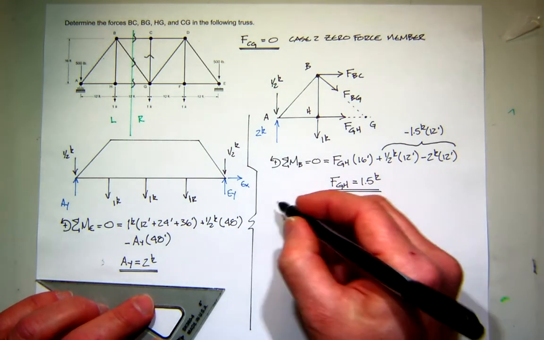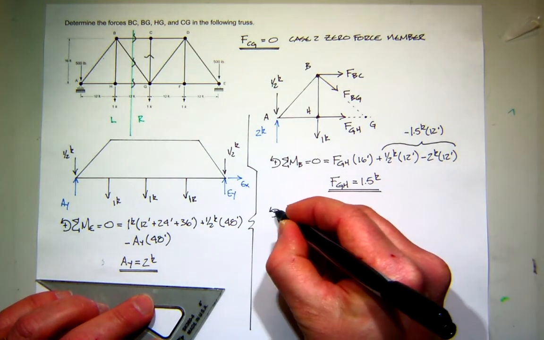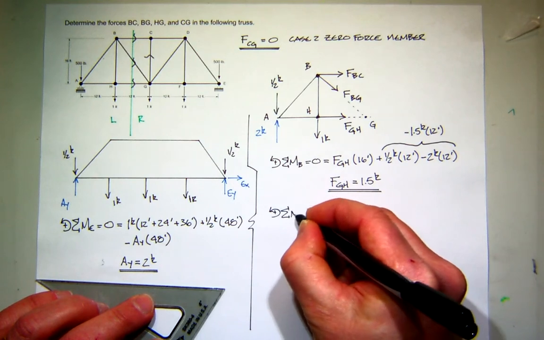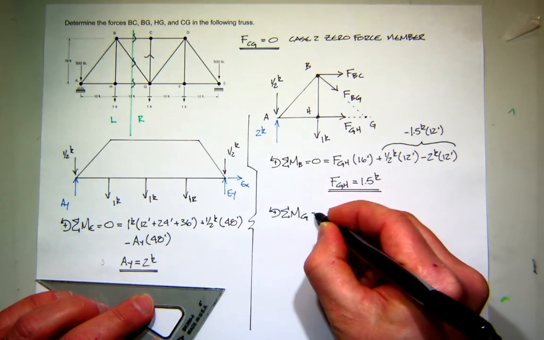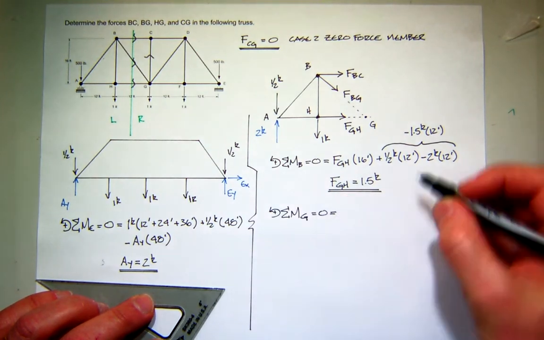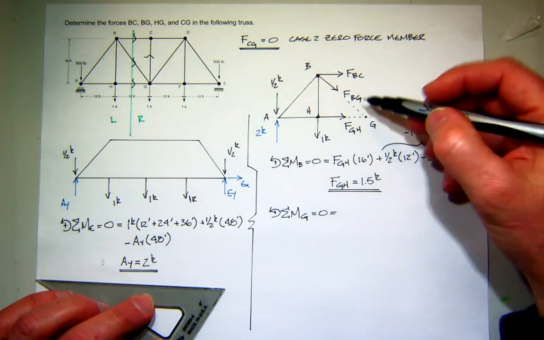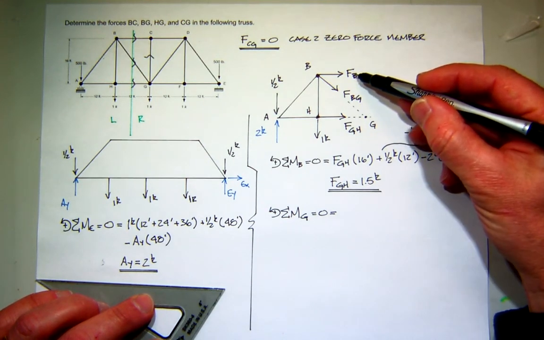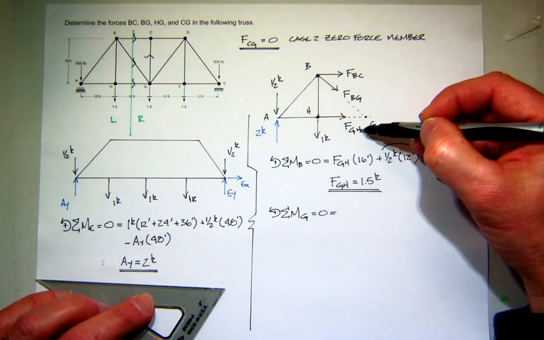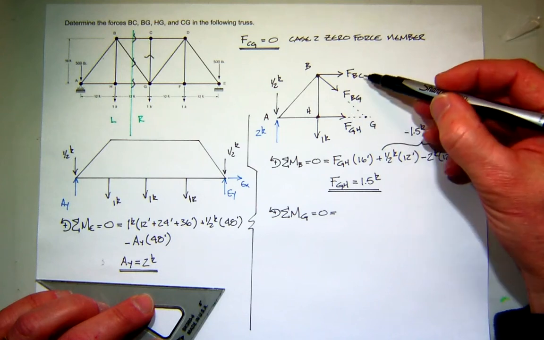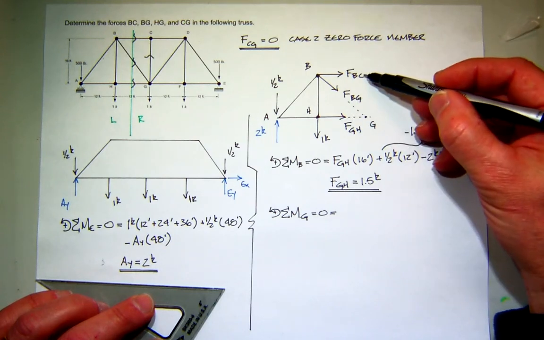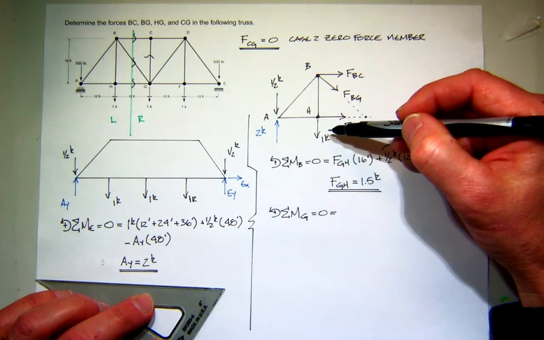Now what? Let's sum moments again. This time we'll sum them about G. So out here about G, BG and GH create no moment, so I have force BC. Everybody else contributes.